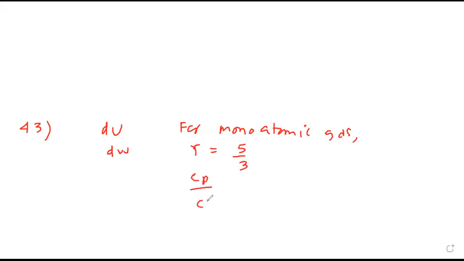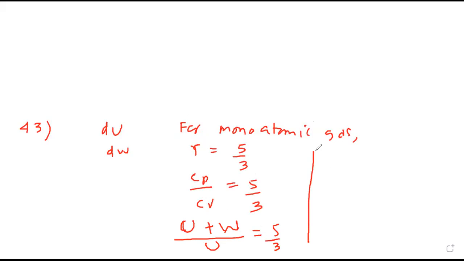This means Cp upon Cv is 5 by 3. Cp means internal energy plus work done, and Cv is only internal energy. So I have a shortcut: always arrange gamma as numerator, denominator plus something. So we can say this is (U plus W) upon U, which is (3 plus 2) upon 3.